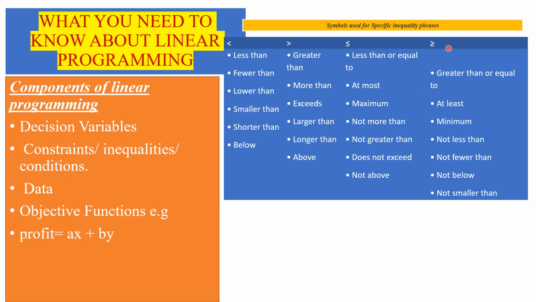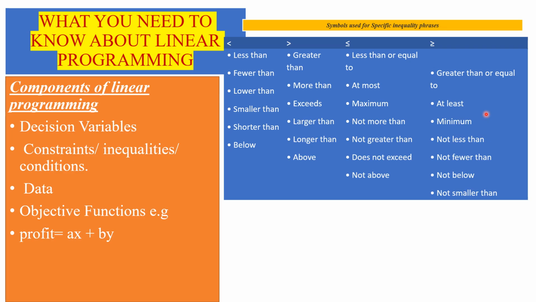Then we have greater than or equal to. We always use it when we see the words at least. The word least means the smallest value. That's why you are seeing me here having minimum. So whenever we are talking of greater than or equal to, if I say that I want at least 5 cows on my farm, then just know that I want a minimum number of cows as 5.